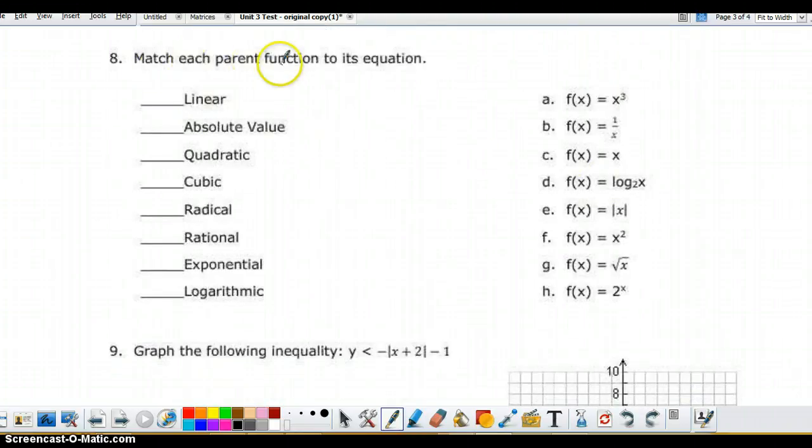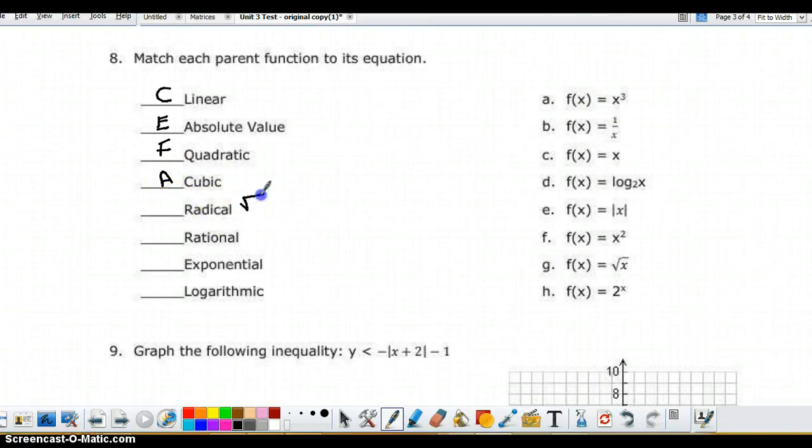Alright, so match each parent function to its equation. So the linear function is C. The absolute value, obviously it has to have the absolute value, so that's E. Quadratic is F. Alright, so cubic means that it's going to have the cube or exponent of 3, that's A. I did let you guys use your review.